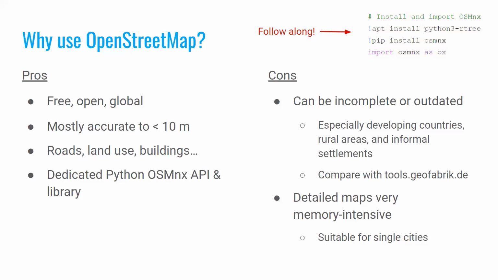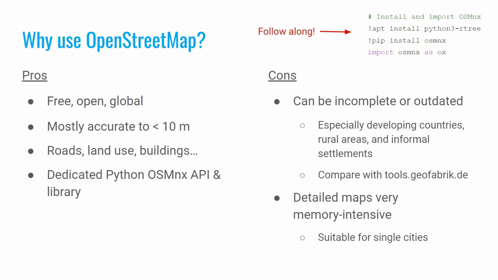There are a couple of, maybe they're not cons exactly, but maybe they're more like limitations to OpenStreetMap. One is that, of course, the map can be incomplete or it can be outdated. If you remember that I said that companies like Amazon are some of the big contributors, you can imagine that in some parts of the world, Amazon have a big presence and a big incentive to keep the map updated. In other parts of the world, Amazon just isn't there, so they don't contribute.